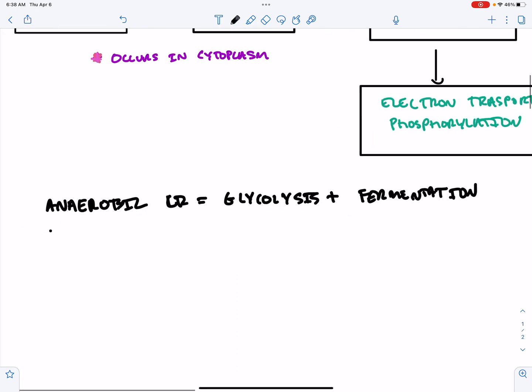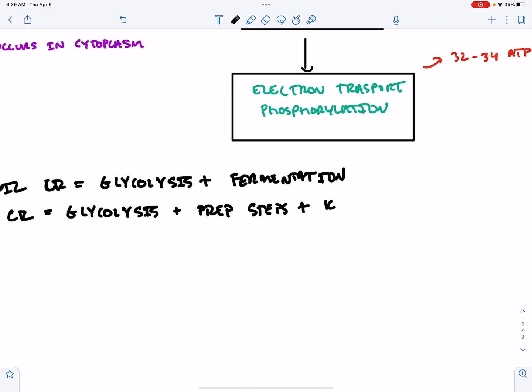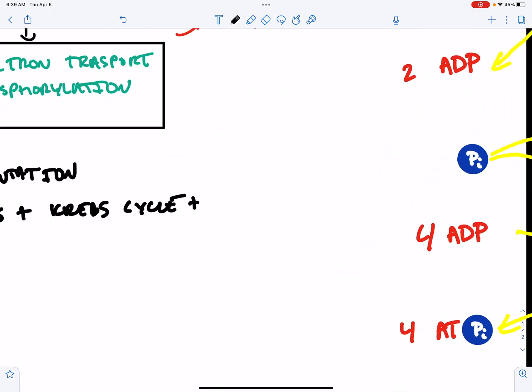And aerobic cellular respiration is equal to glycolysis plus prep steps plus Krebs cycle plus, what am I calling it here? Electron transport phosphorylation.